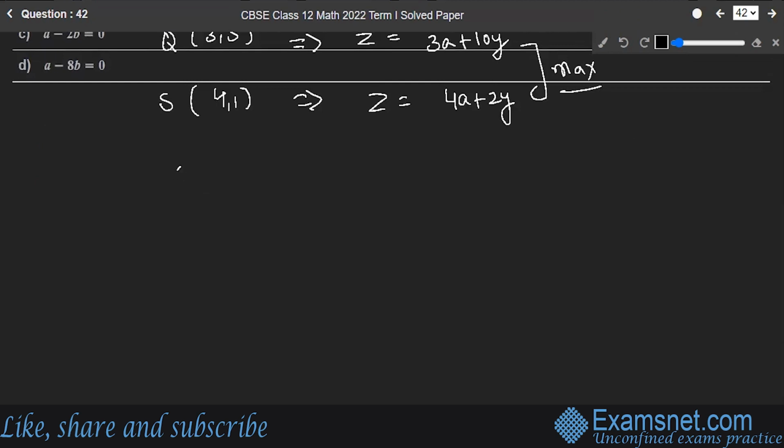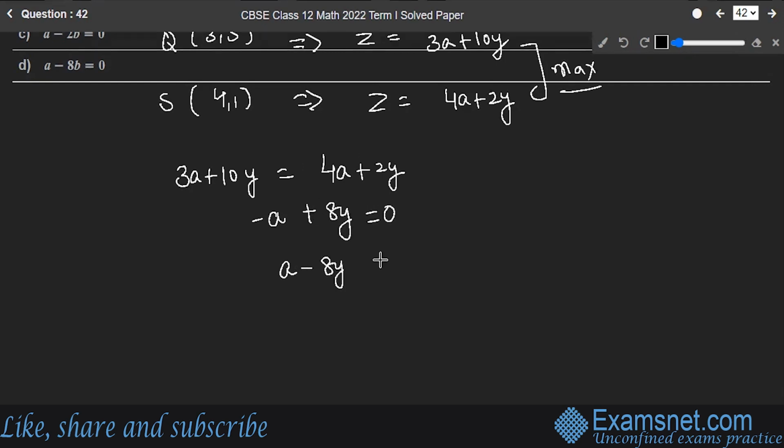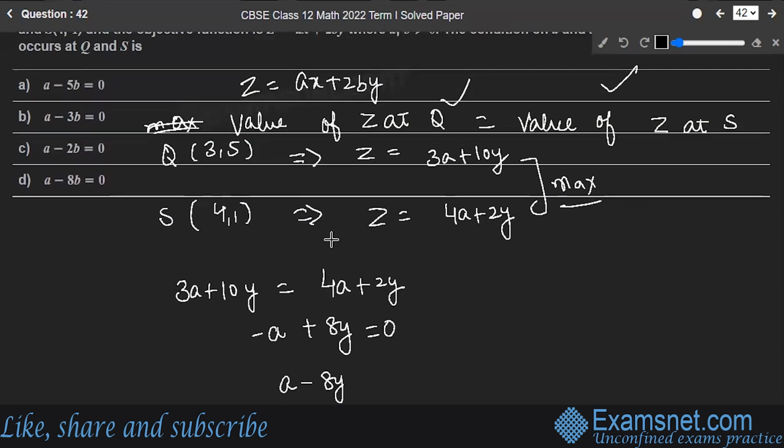So you can say 3a plus 10b is equal to 4a plus 2b. That makes minus a plus 8b equal to 0. Wait, not y, here it was supposed to be b.